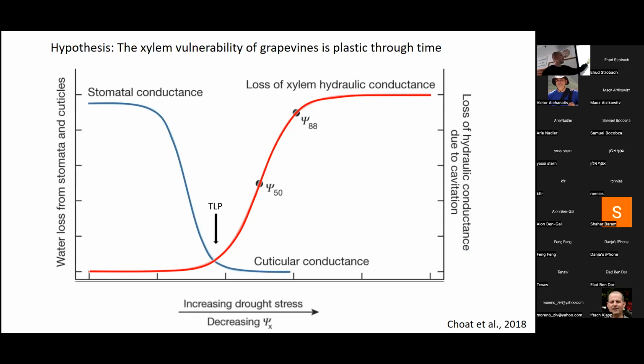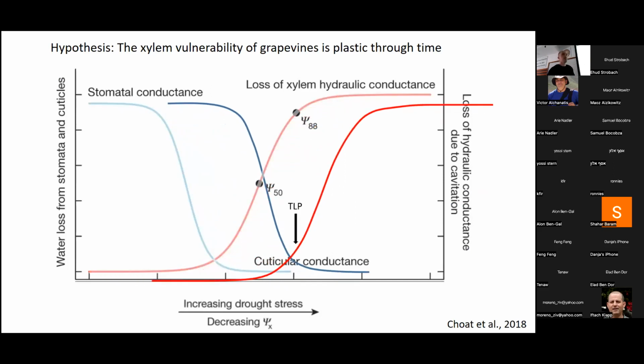This is, again, the sequence of plant response to dehydration. First, there's stomatal closure, then there's turgor loss point, and only after there's cavitation. Now, we hypothesized that if the turgor loss point shifts throughout the season to more negative water potentials, and stomatal conductance shifts throughout the season to more negative water potentials, so also the xylem vulnerability should move to more negative water potential.